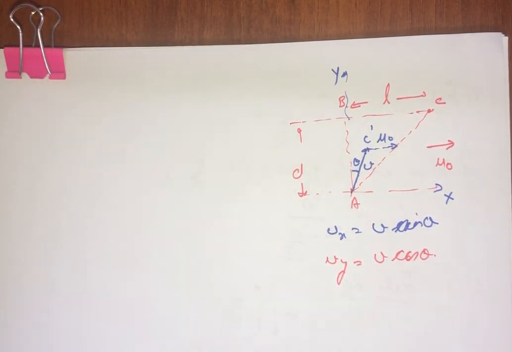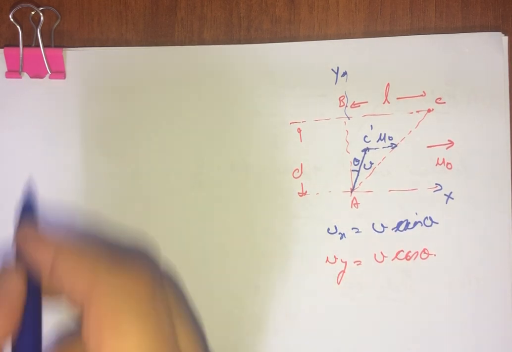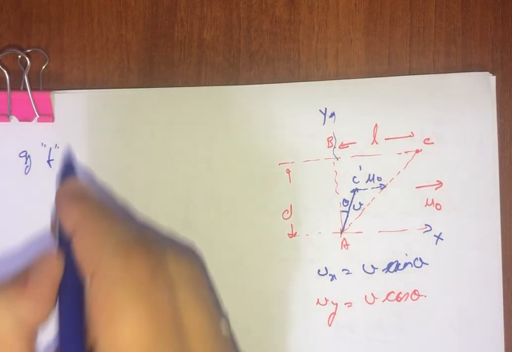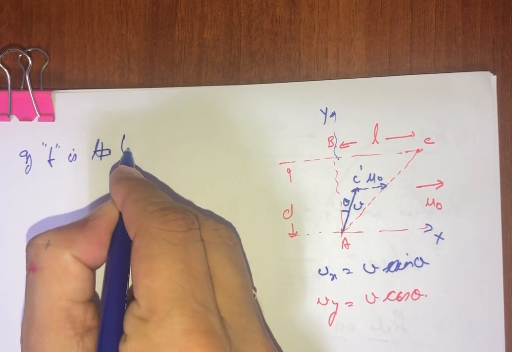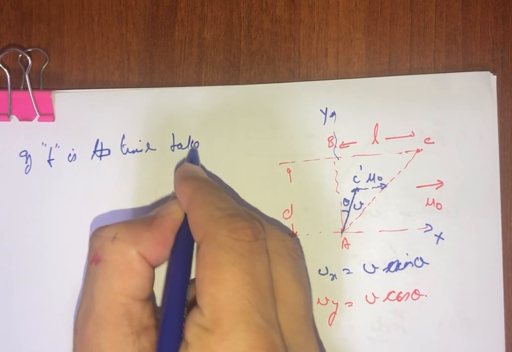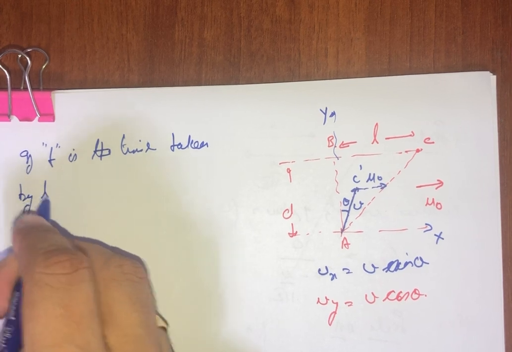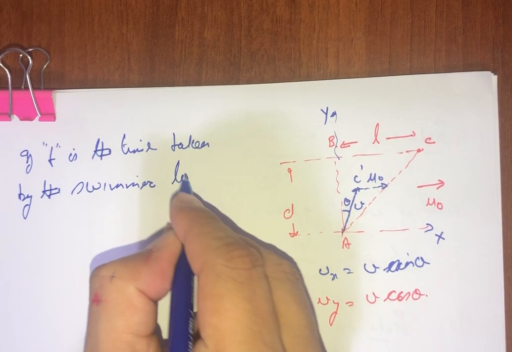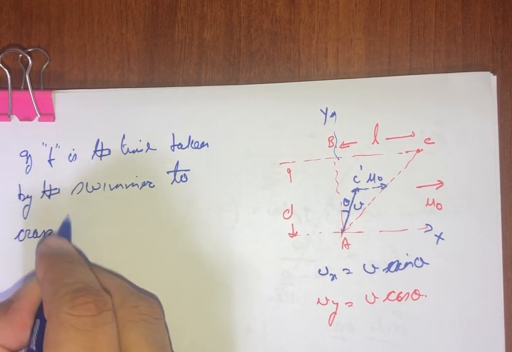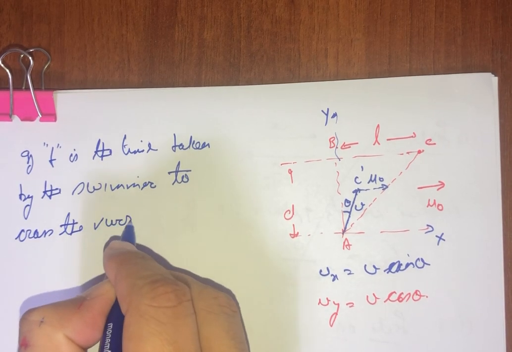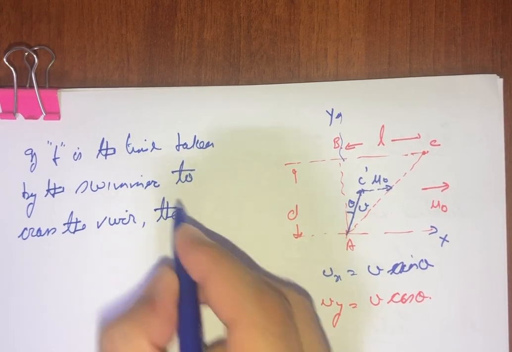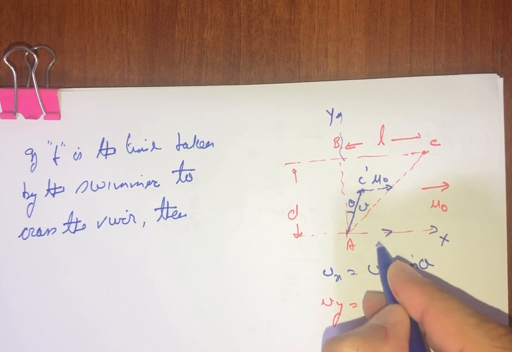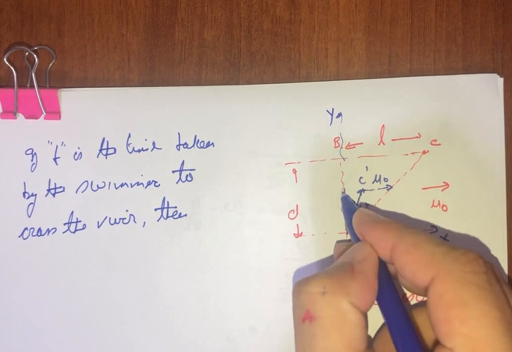So if t is the time taken by the swimmer to cross the river, then we have two velocity components, in this direction Vx, and in this direction Vy.